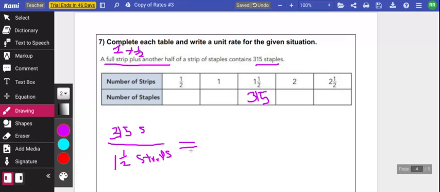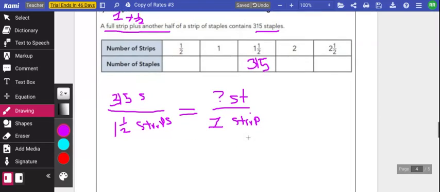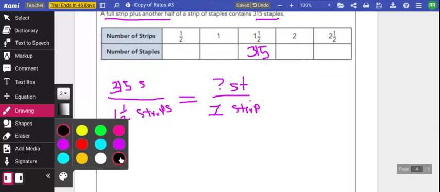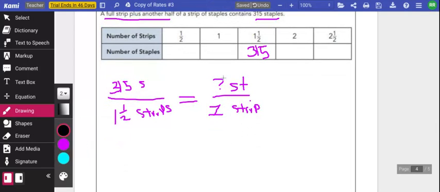Okay, and I would set this equal to some number of staples for one strip. Okay, so maybe here I could use cross multiply divide. Let me change this question mark to a variable x, and I would multiply these guys together.